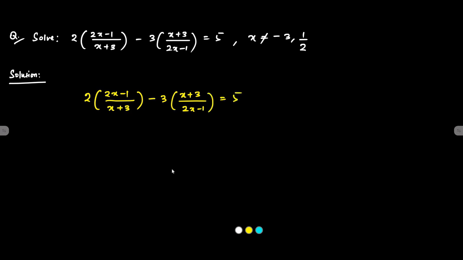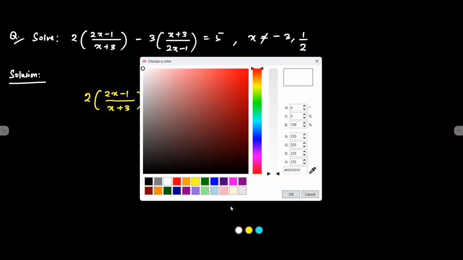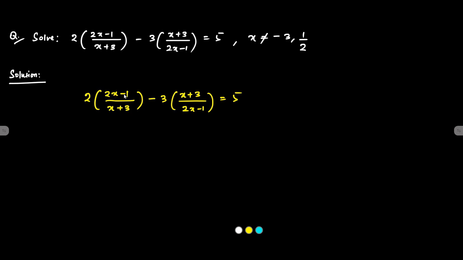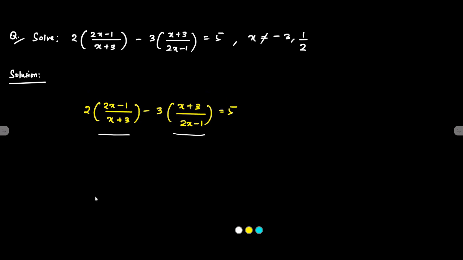Now if you pay some attention, here it is 2x minus 1 by x plus 3, and here it is x plus 3 by 2x minus 1, just its reciprocal. So we will solve this equation in a different way. Here we'll make the substitution.